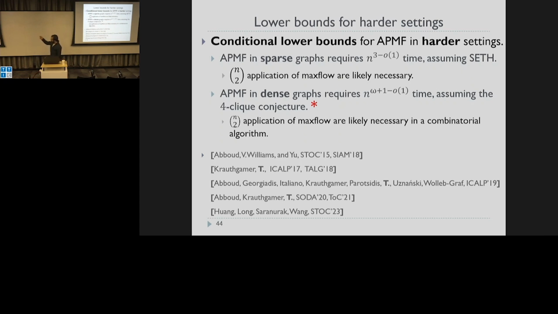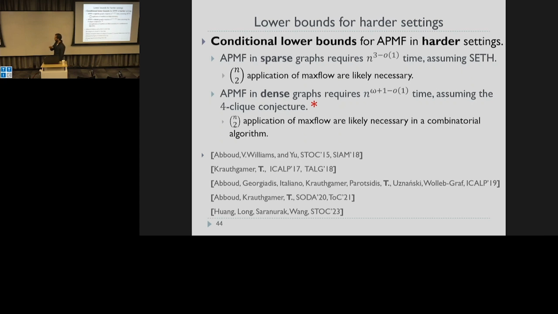What it means is that we can talk about combinatorial algorithms that don't use those fast matrix multiplication methods, or divide and conquer Strassen-like methods.